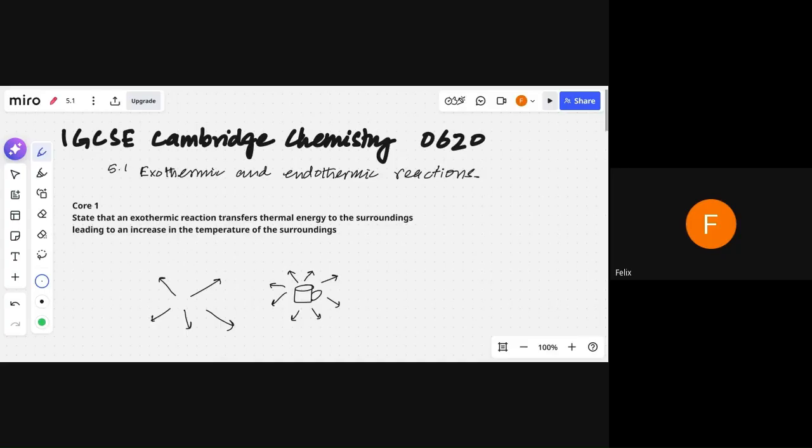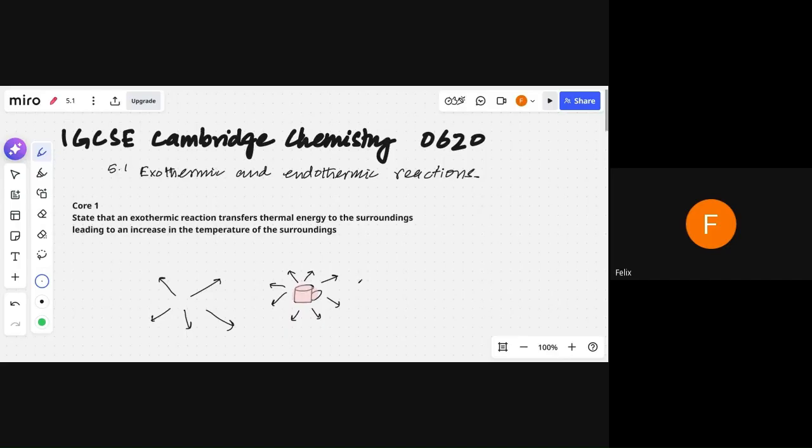So remember, whenever exothermic reactions take place, the substance that is releasing heat gets colder. The temperature of the system goes down, and the temperature of the surroundings goes up, right?